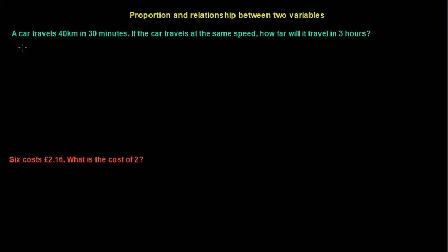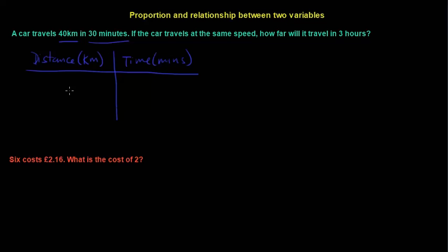So the first step is to identify the relationship between the two variables in our question, and in this case it's the relationship between the distance and the time. So we'll just write this down, distance and the respective units and the time in minutes, and then we'll just draw out a small table here, and we'll fill out this table by inputting the values given to us in the question.